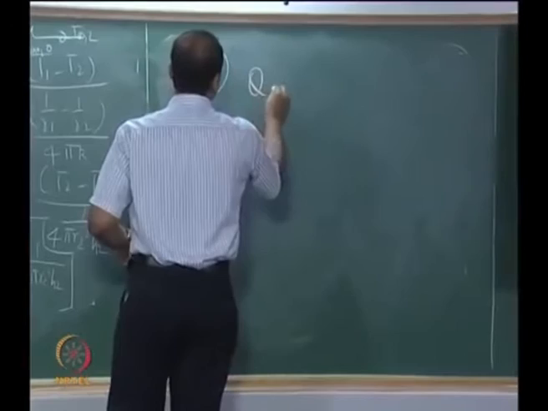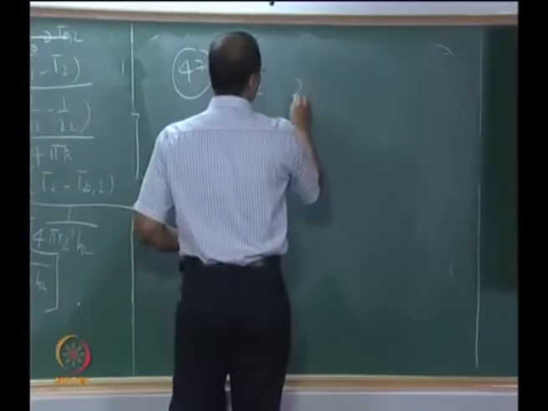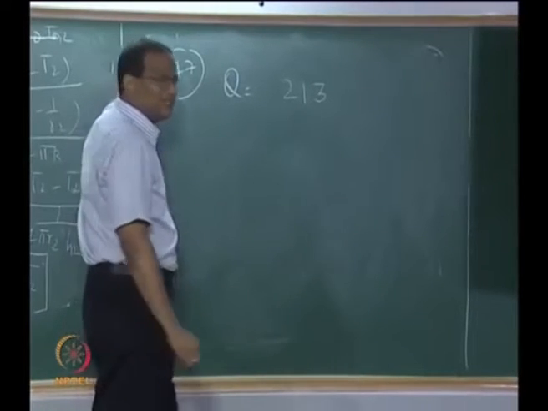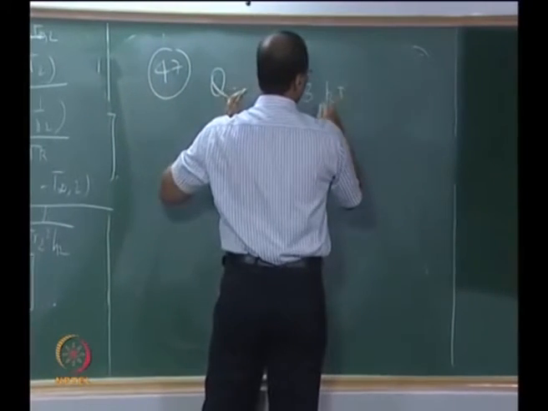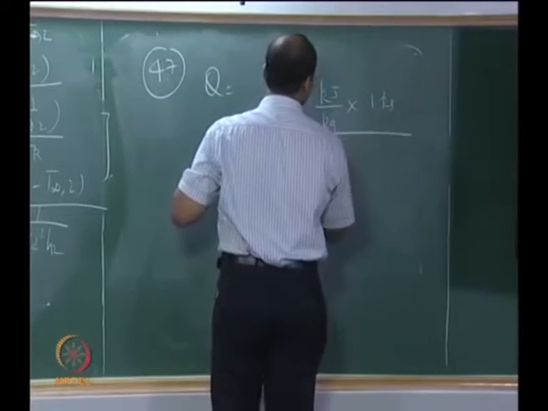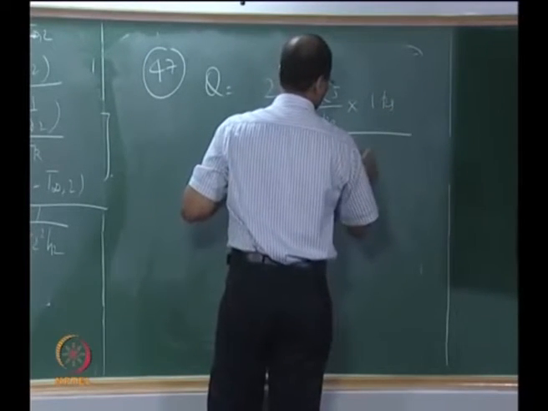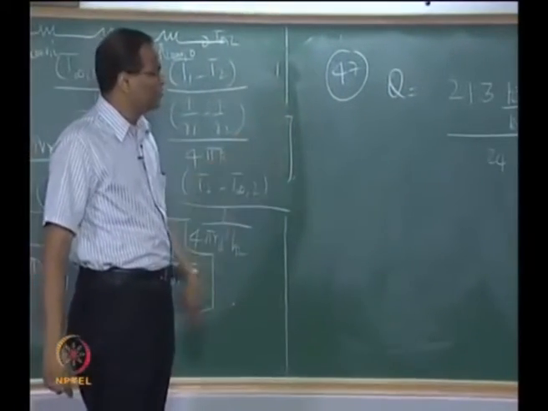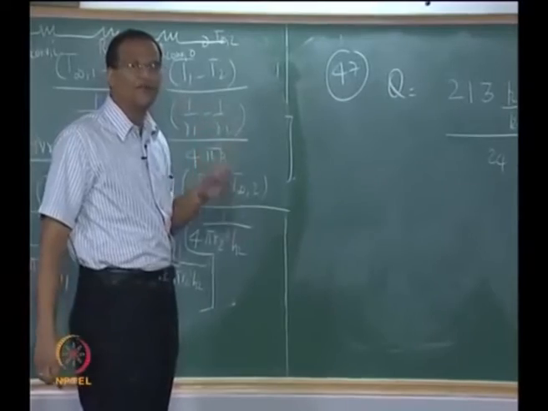So, what will be the Q? 213 kilojoule per kg into 1 kg in 24 hours. Please remember it is in kilojoules per kg. So, therefore, Q will give you kilowatts.